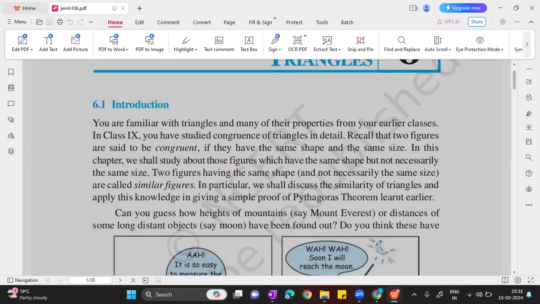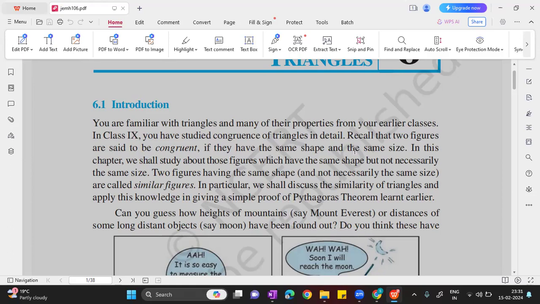Recall that two figures are said to be congruent if they have the same shape and the same size. In this chapter, we study those figures which have the same shape but not necessarily the same size. Two figures that have the same shape and not necessarily the same size are called similar figures. Understood? Yes. This is what I wanted you to read.